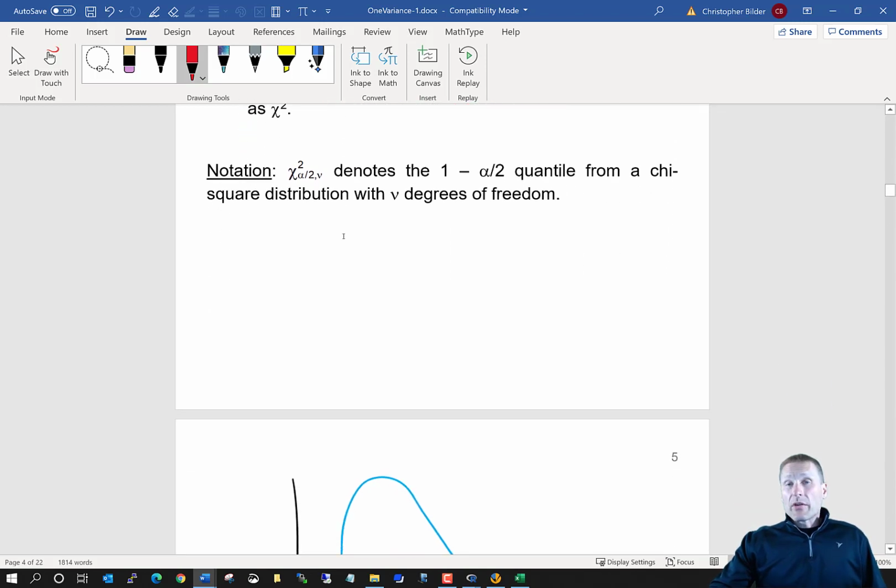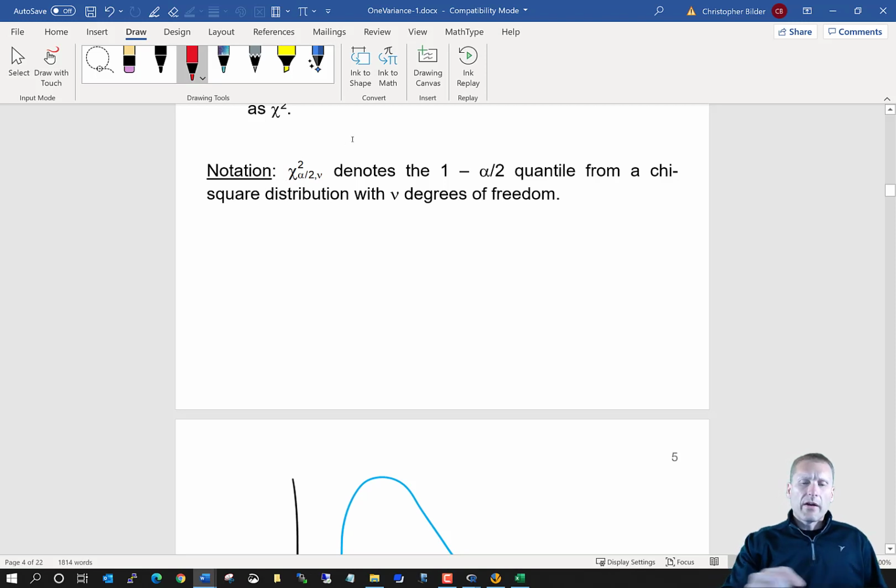So, just like with other probability distributions, we're very interested in finding quantiles. We're very interested in finding probabilities associated with the corresponding distribution. And so, we need some way to symbolically denote, in this case, a quantile in a generic manner. And so we're going to use the notation chi squared, that's the Greek letter chi.